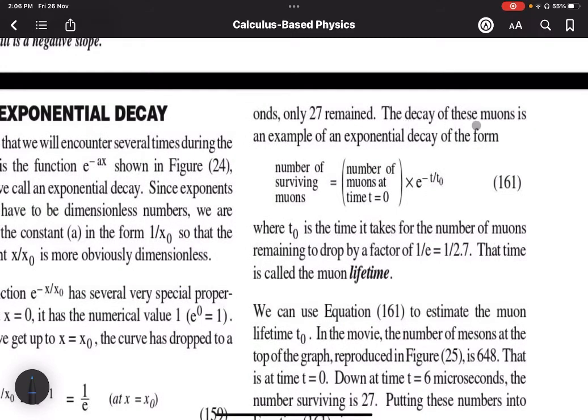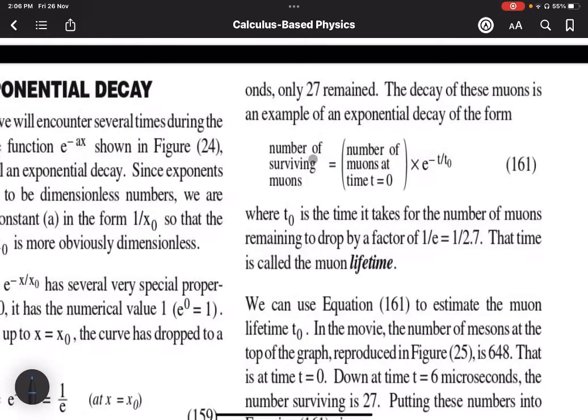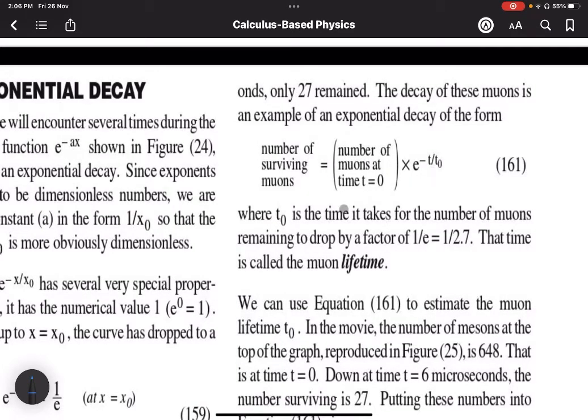So the decay of these muons is an example of an exponential decay of the form: number of surviving muons equals number of muons at the start, times the exponential decay factor, where T0 is the time it takes for the number of muons remaining to drop by the factor of 1 over 2.7.